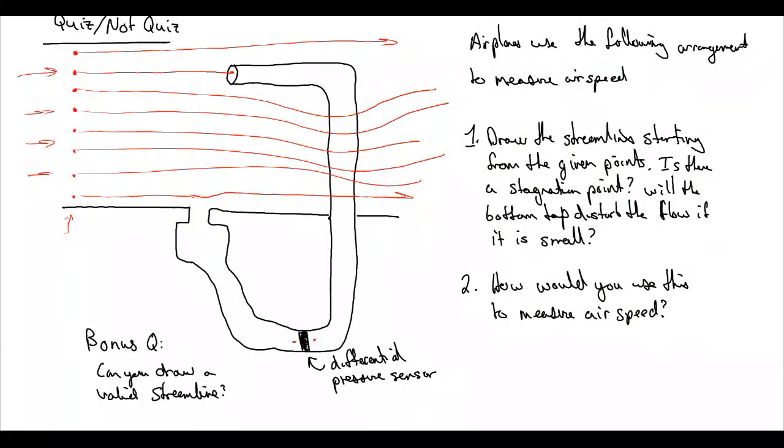So we've drawn a small hole in the surface, and I've drawn this actually how they make these holes in real life, because they found that it disturbs the flow even less if you create a small little settling chamber right inside the hole. So the hole widens up, and then it narrows again to another tube before it gets to the differential pressure sensor. And then the question is, how would we use this to measure airspeed?